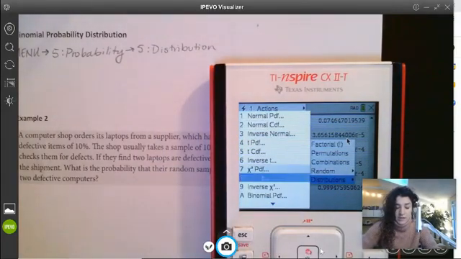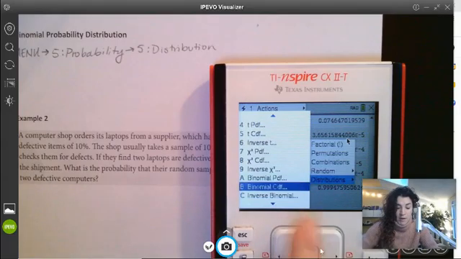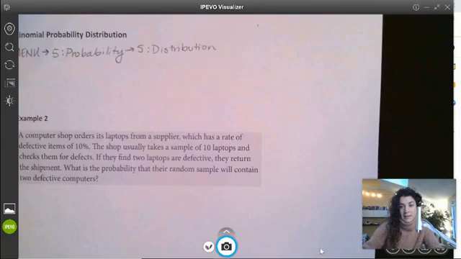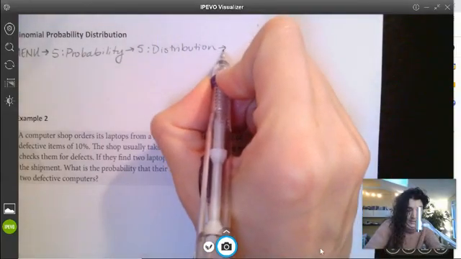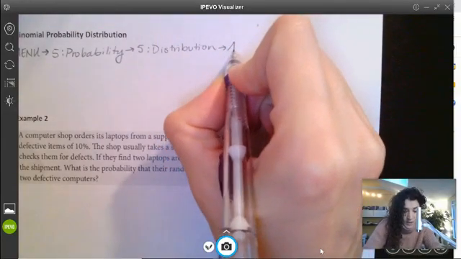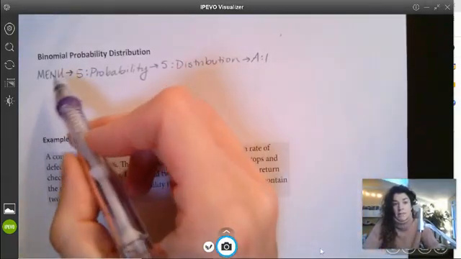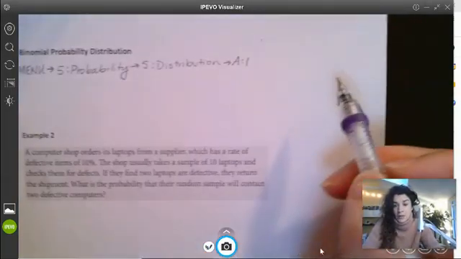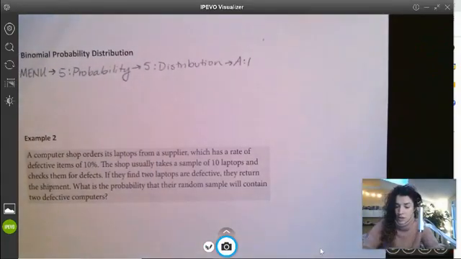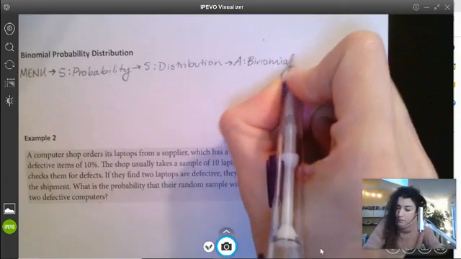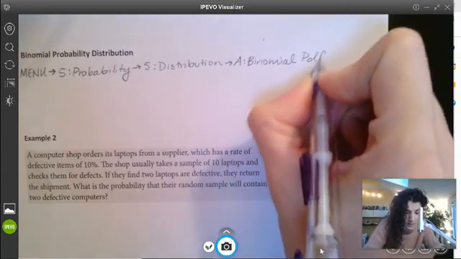There's even more stuff down there that we will be using, but what we're looking for right now is binomial PDF, probability distribution function. That's choice A. So you can always just type in these numbers: menu 5, 5, A, and it will result in binomial PDF.